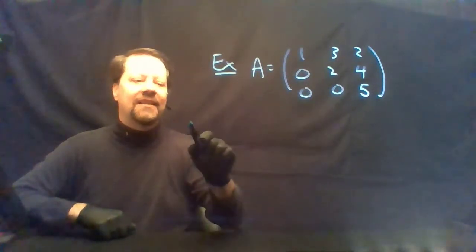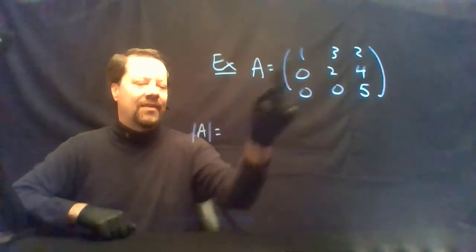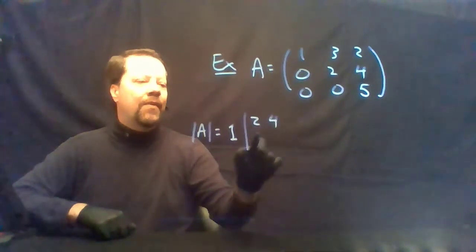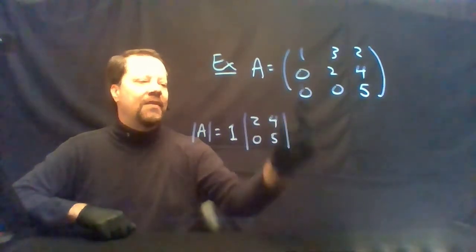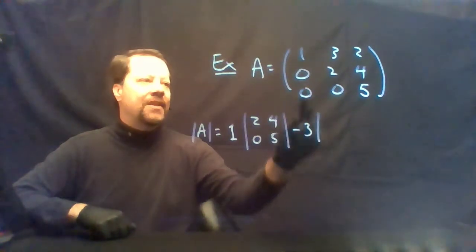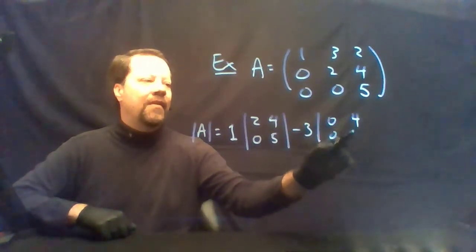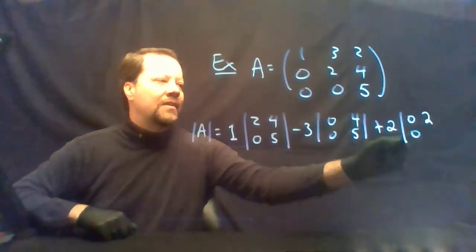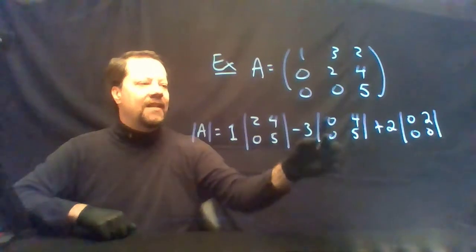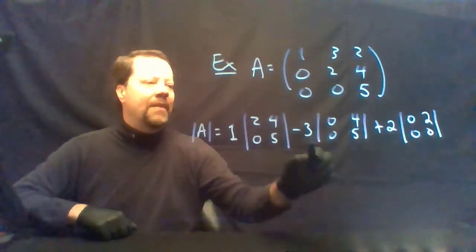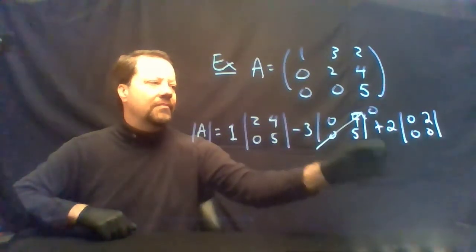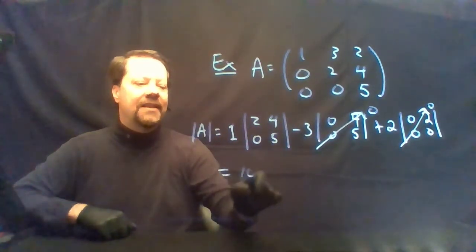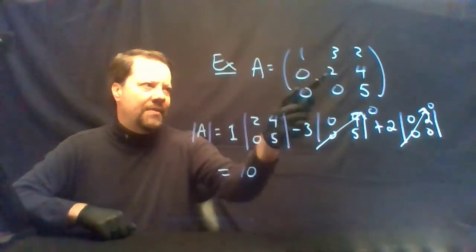You can see that the determinant of A is 1 times the determinant of 2, 4, 0, 5, and then minus 3 times the determinant of 0, 0, 4, 5, and then plus 2 times the determinant of 0, 2, 0, 0. These last two determinants give you 0 because we have a whole column of zeros. Here we get 10 minus 0, and we just get 10. Notice, 1 times 2 times 5 is 10.